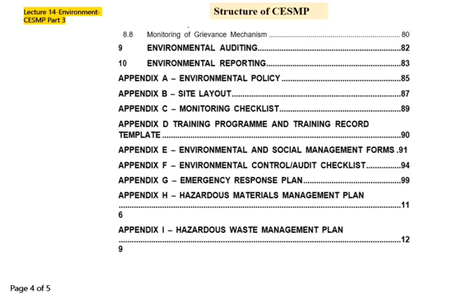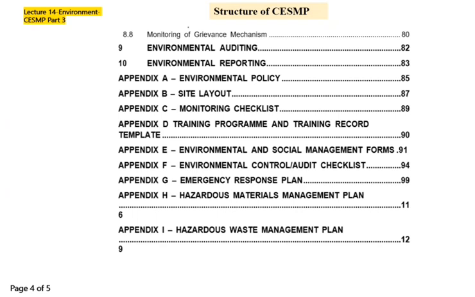Then we have appendices attached, like the environmental policy, because each company has an environmental policy. This is mostly a 1 or 2 page document, so it will be attached as appendix A, for example. Then site layout, then monitoring checklist.